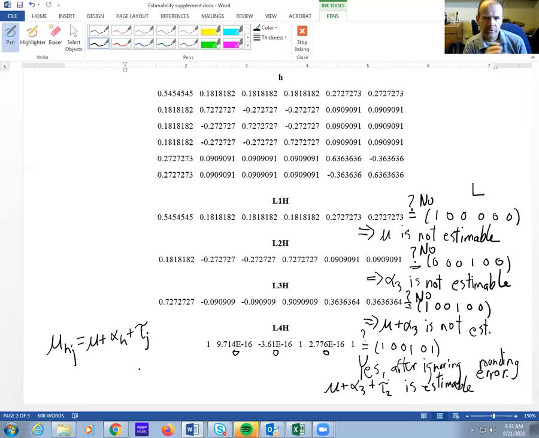A lot of times when you compare two means to each other, we'll see that that's estimable.